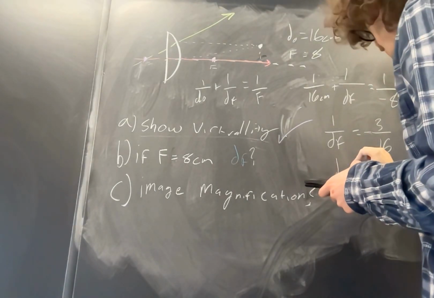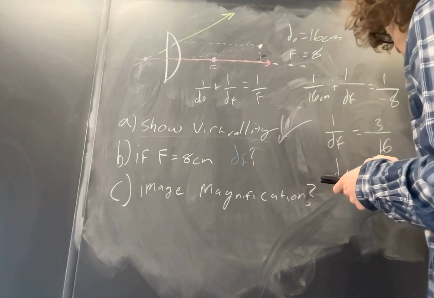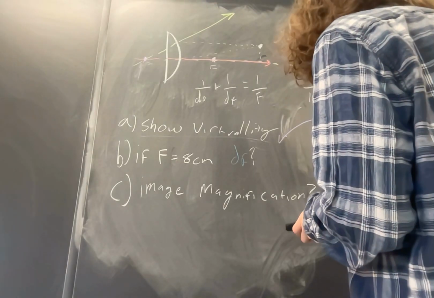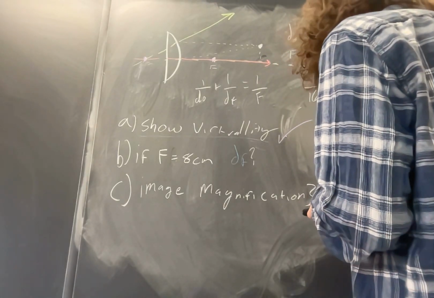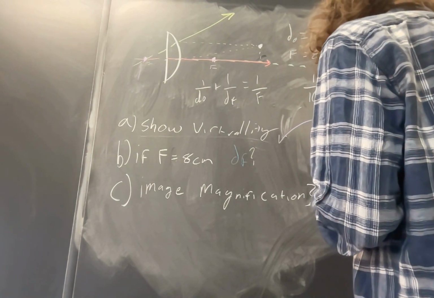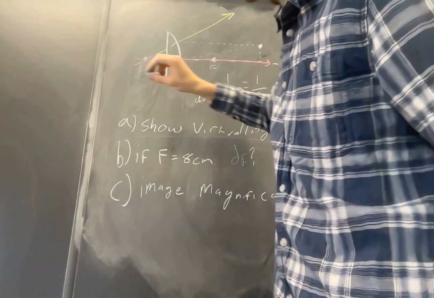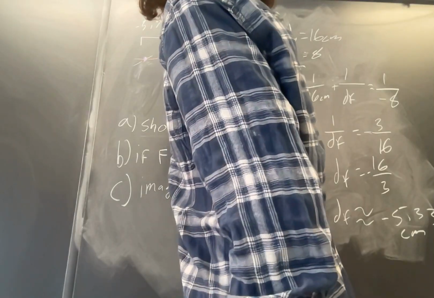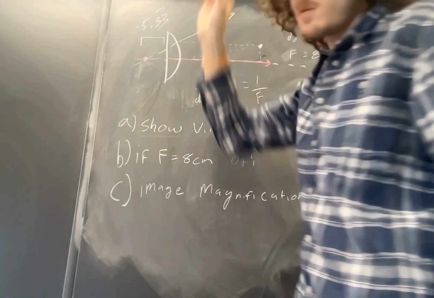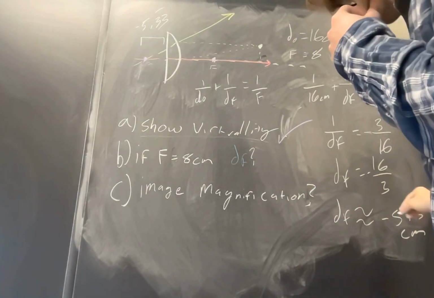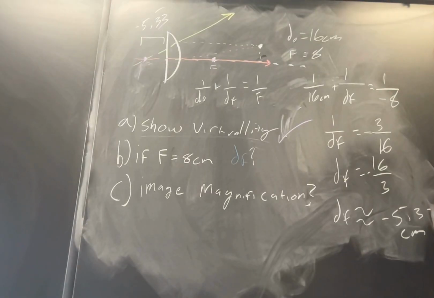Thus, the distance final is 16 over 3 negative, roughly negative 5.33 centimeters from the mirror, which means that it would be behind. This distance here, even though it's drawn pretty poorly, is repeating, but we'll put sig figs on it. The problem gave us 2, so we would say 5.3 centimeters behind the mirror.